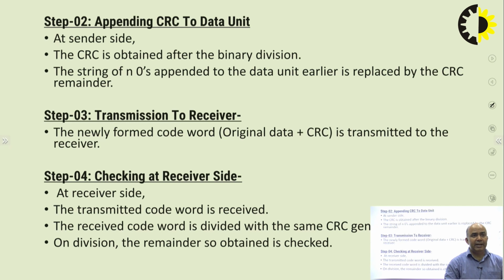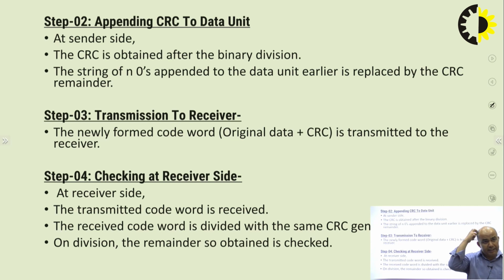At step 3, a newly formed code word is generated, consisting of the original data plus the CRC appended at the end of the data. Once that has been generated, it is transmitted to the receiver.